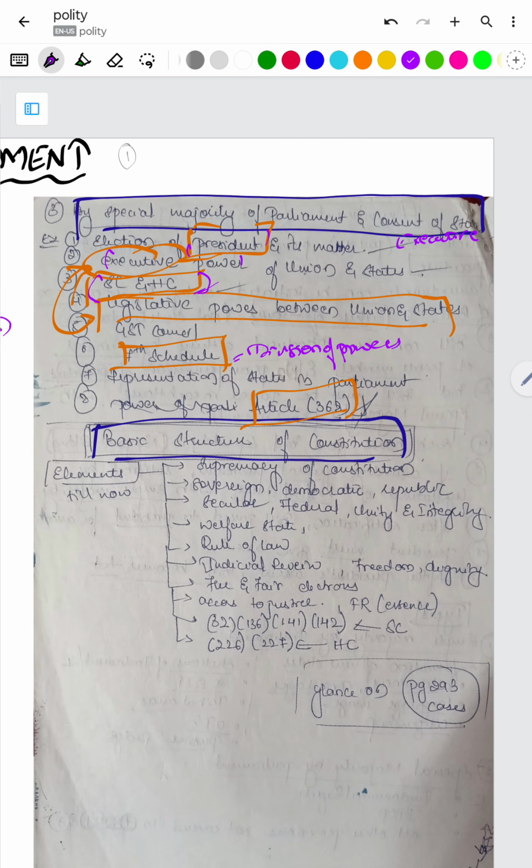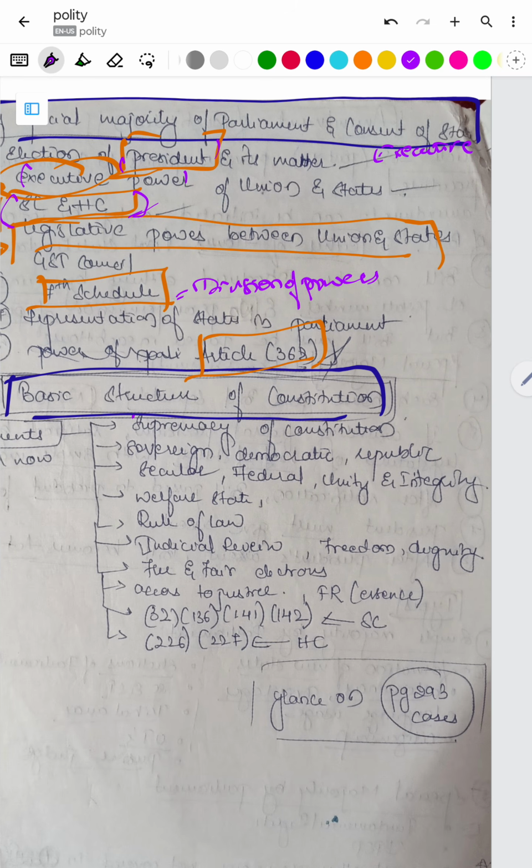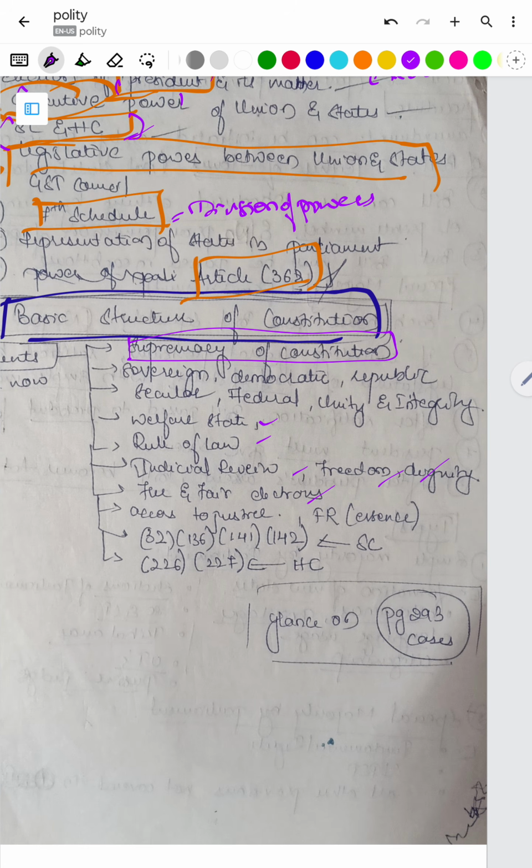After all such constitutional amendments, we have come up with some of the basic structure of the Constitution which was derived, like supremacy of the Constitution, sovereign democratic republic, these features, secular, federal, unity and integrity, welfare state, rule of law, judicial review, freedom, dignity, free and fair elections, access to justice, FR essence.